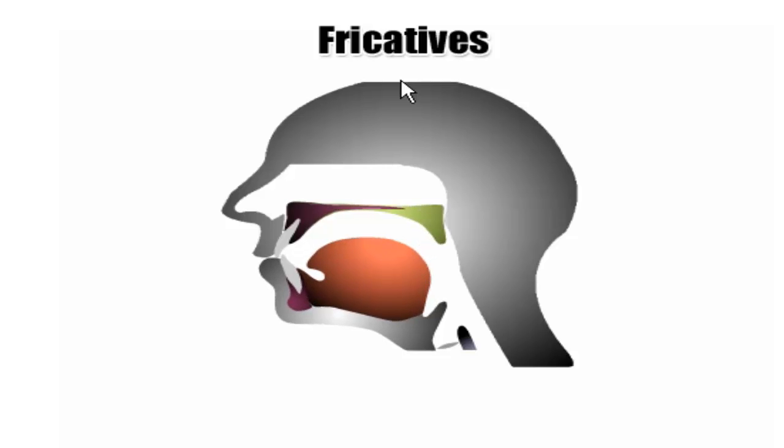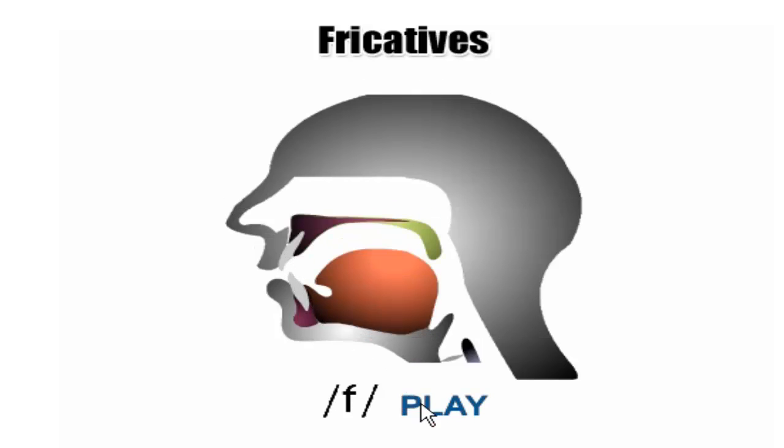For example, fa is made by pressing the lower lip lightly against the upper front teeth, a manner that obstructs the air partially, causing friction. Fa, fa.